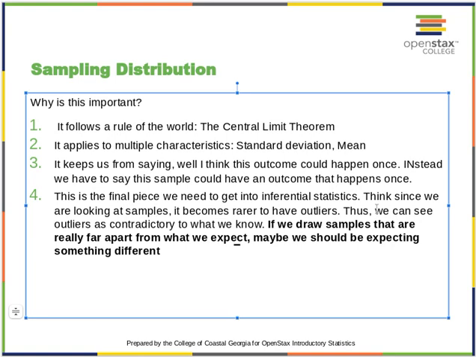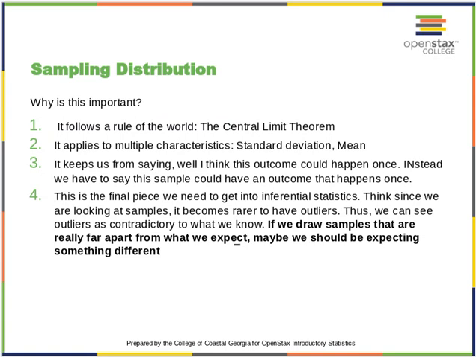I think since we are looking at samples, it becomes rarer and rarer to have outliers. Thus, we can see that outliers are contradictory to what we know. If we draw samples that are really far apart from what we expect, maybe we should be expecting something different.